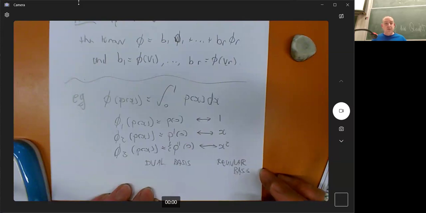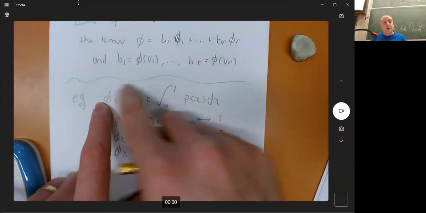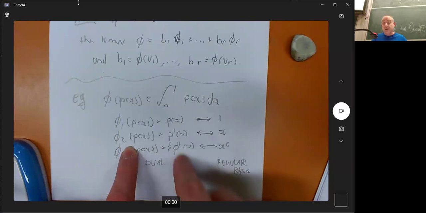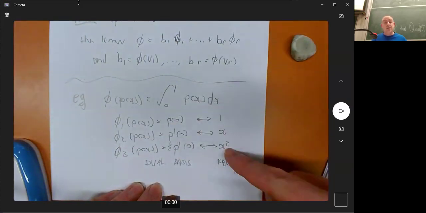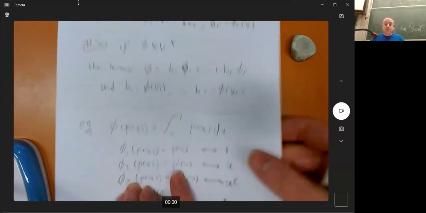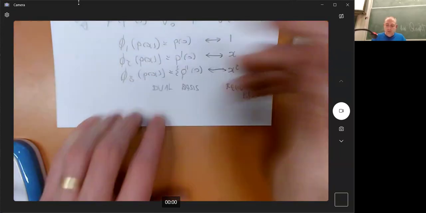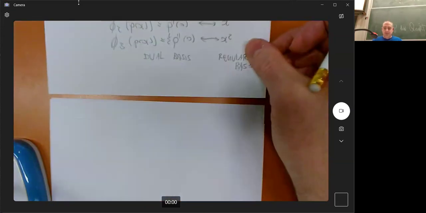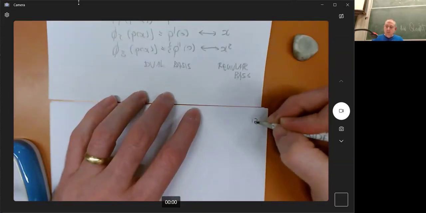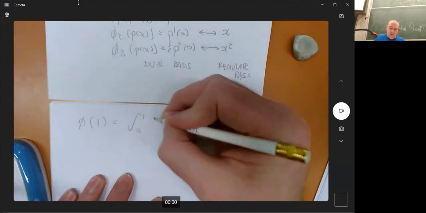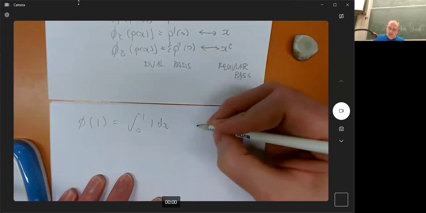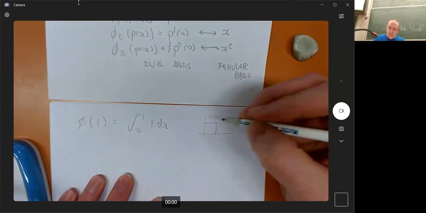So the theorem says that if I want to write this linear functional as a combination of these three, then all I have to do is figure out what my linear functional does to the irregular basis, and it will do the trick. Need more space. Yeah. So phi of 1 is the integral from 0 to 1 of 1 dx, which is 1.